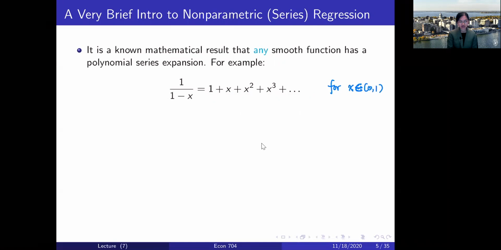So this smooth function on the domain 0 to 1 can be expanded into this form, can be written as the sum of all the polynomial terms of x.